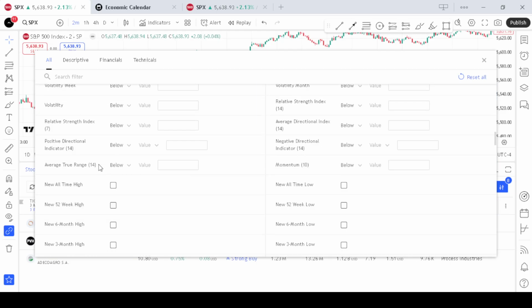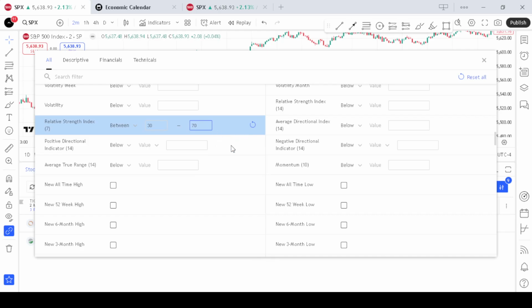We would set the filter for stocks with the RSI between 30 and 70. This is going to help us edit our stocks, whatever we are looking for.